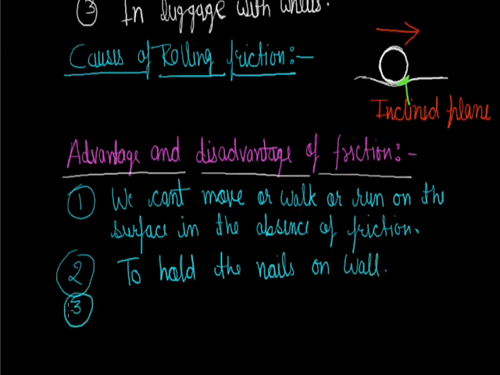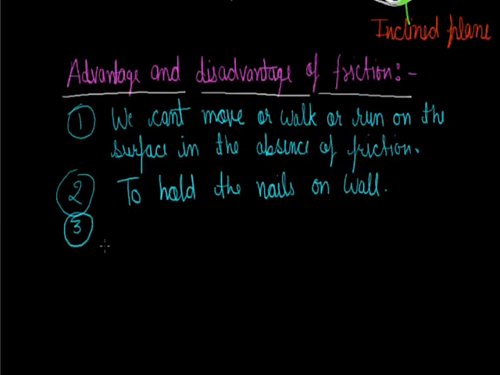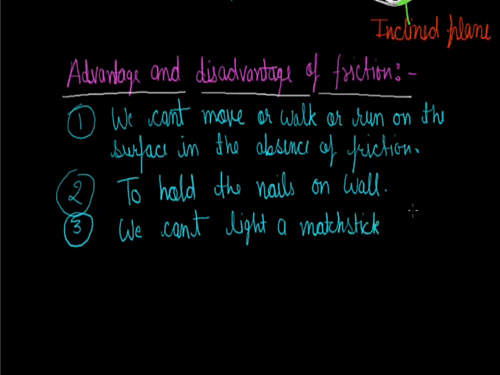Now, third is it would not be possible to light a matchstick without friction between its head and the side of matchbox. So we can say third point is we can't light a matchstick without friction.